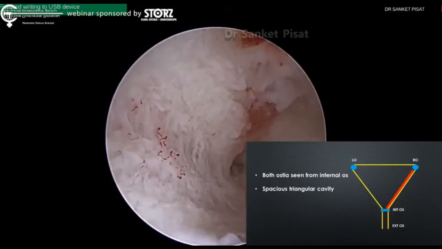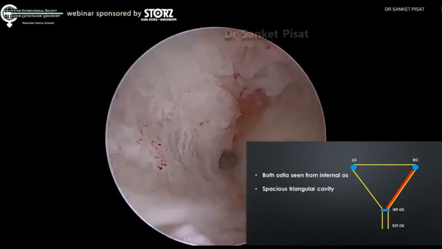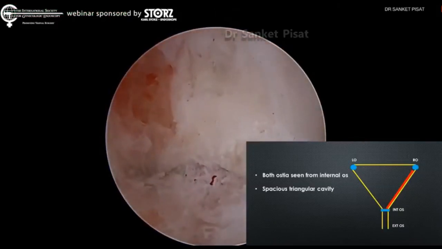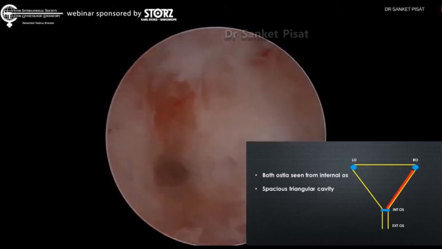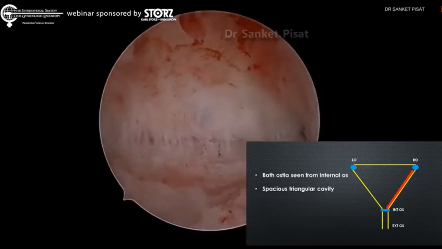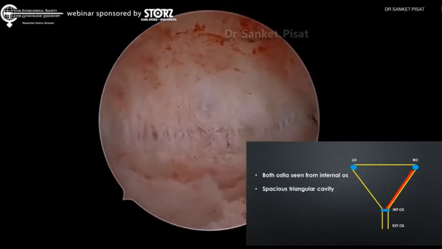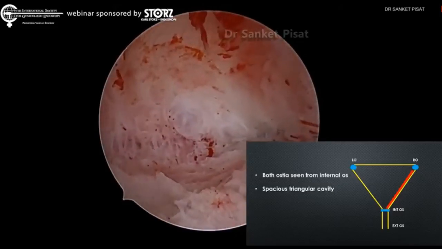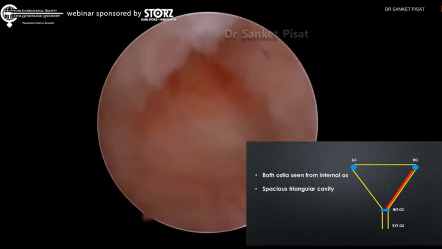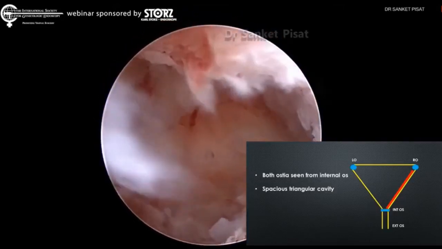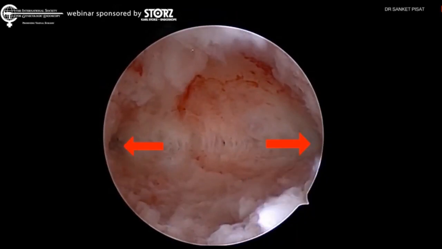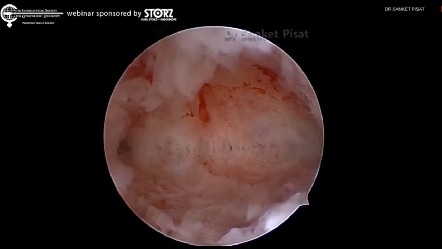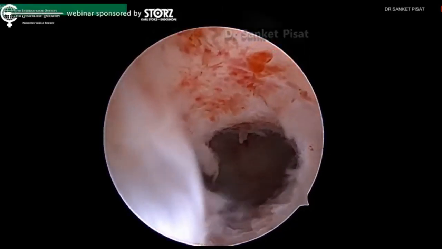We do try to assess the vascularity by reducing the distension pressure just a little bit, and after reduction of the distension pressure, some blood vessels are seen to open up, which is a good sign and which also suggests that probably the estrogen therapy that is given post-operatively will actually be able to reach up till here and cause endometrial growth in the parts that we have cleared up. So this is the final picture. Both the ostia are seen from the internal os, and that is the end of the surgery.